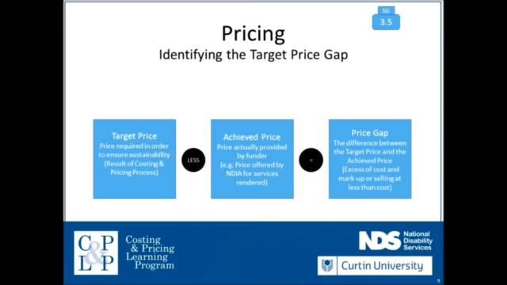Once again, I won't sit on this very long, but I do think it's important for us to remember that the key focus of all of this work is to identify that target price gap at the individual unit of measurement level and also at the macro or total organisational level.